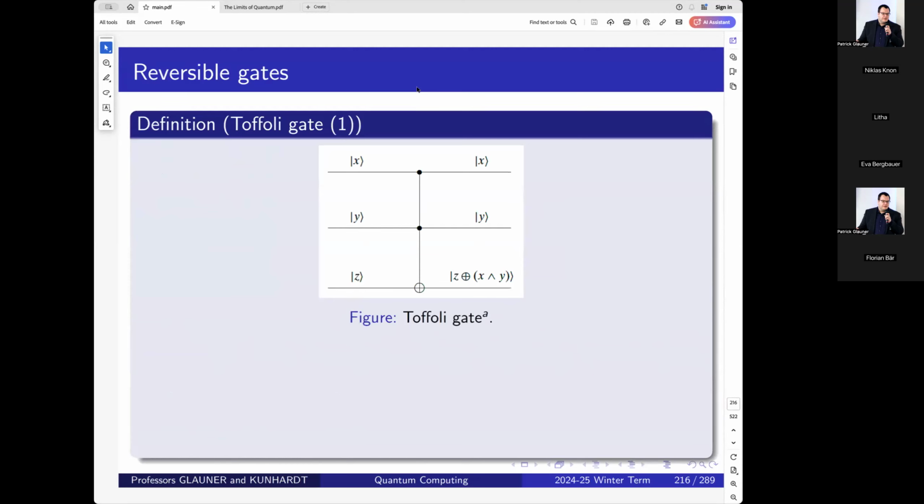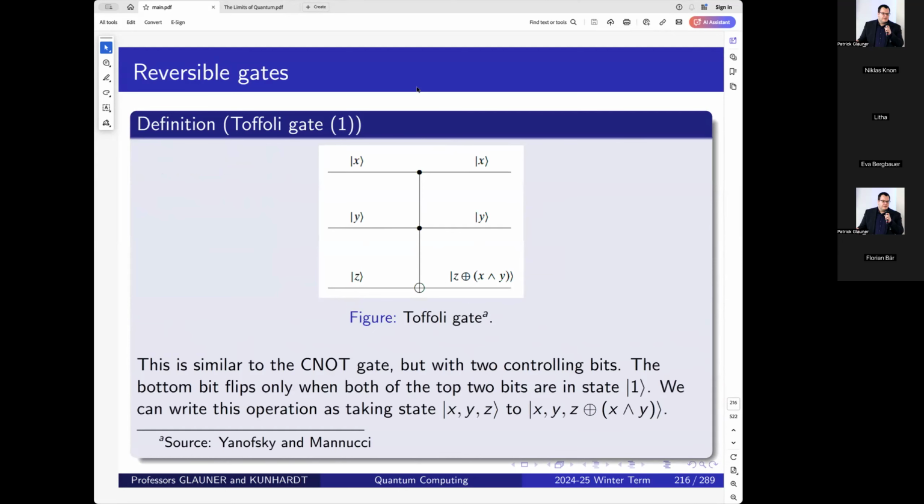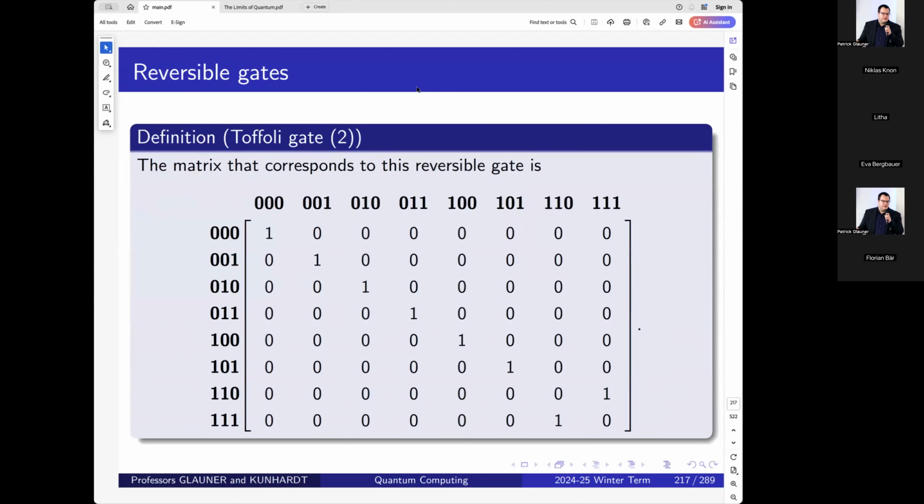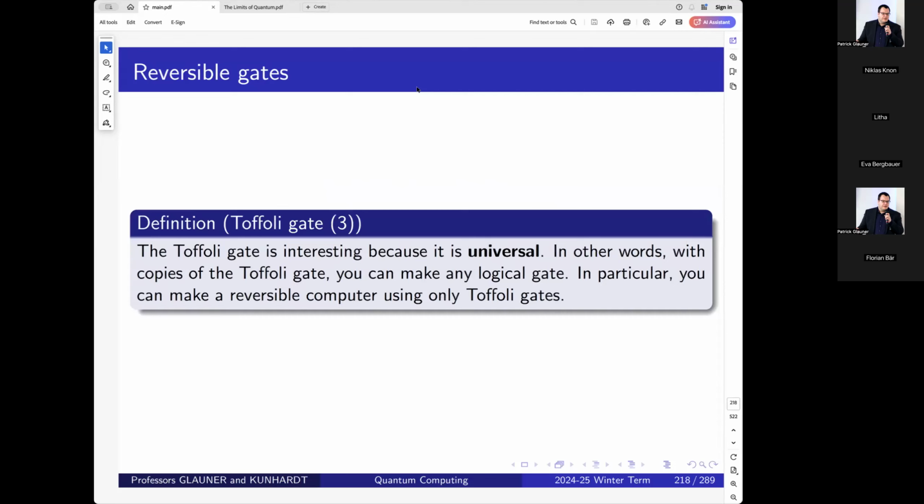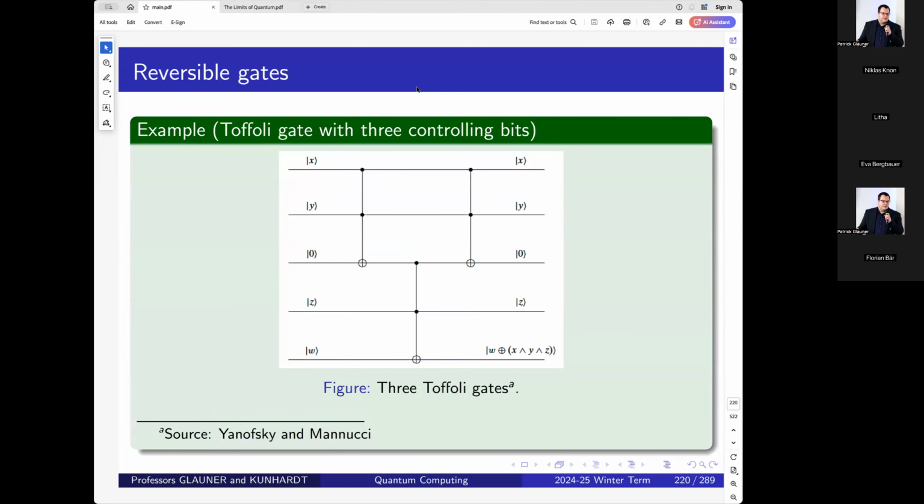And then we looked at a more generic one, a more universal one, the Toffoli gate. And we saw with the Toffoli gate, we actually have lots of freedom in describing logic functions. We looked at its matrix, which is unitary, by the way, and we saw how we can customize the Toffoli gate and combine multiple to build larger functions.